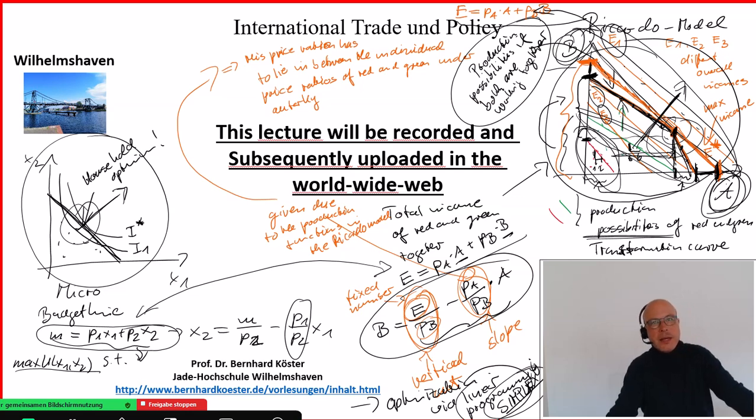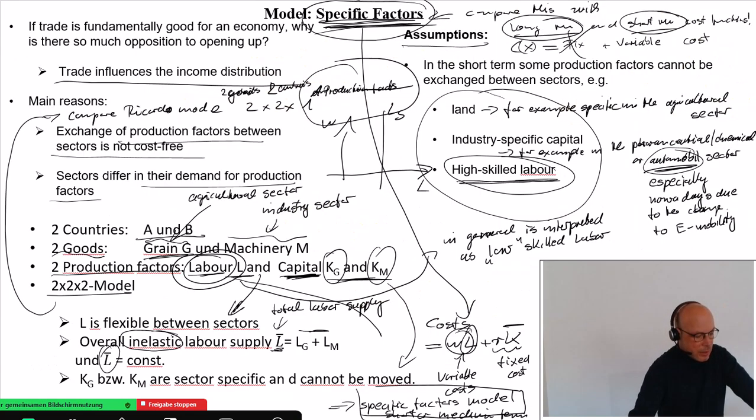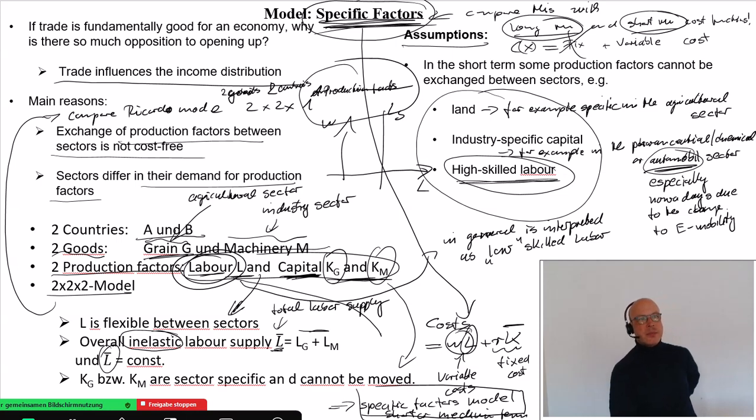We started with the Ricardo model, linear production functions, only one production factor, mainly labor, and then we went further and introduced two production factors, capital and labor, where we said that one of these factors should be specific, and we argued that quite often we find this.